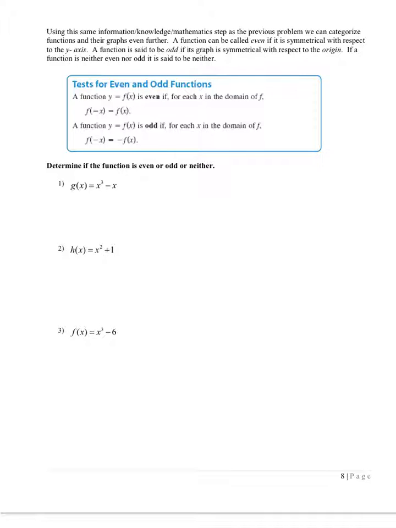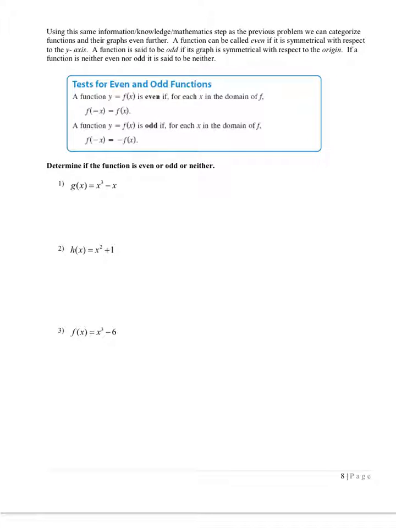So we have tests for even and odd functions. A function y equals f of x is even for each x in the domain of f where f of negative x equals f of x. And a function y equals f of x is odd if for each x in the domain of f, f of negative x equals negative f of x.